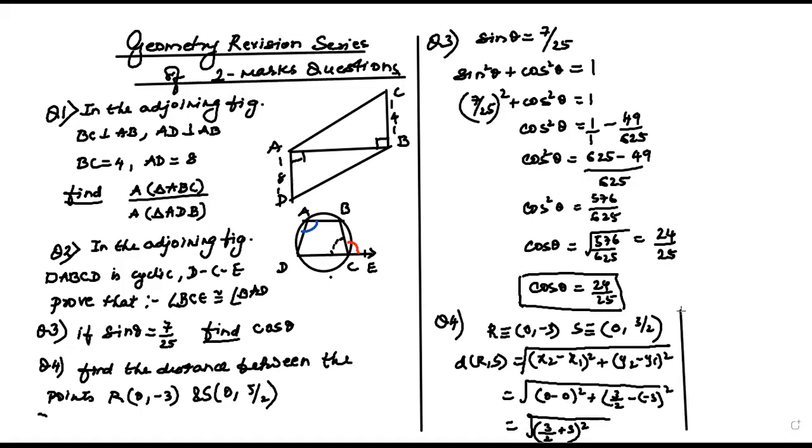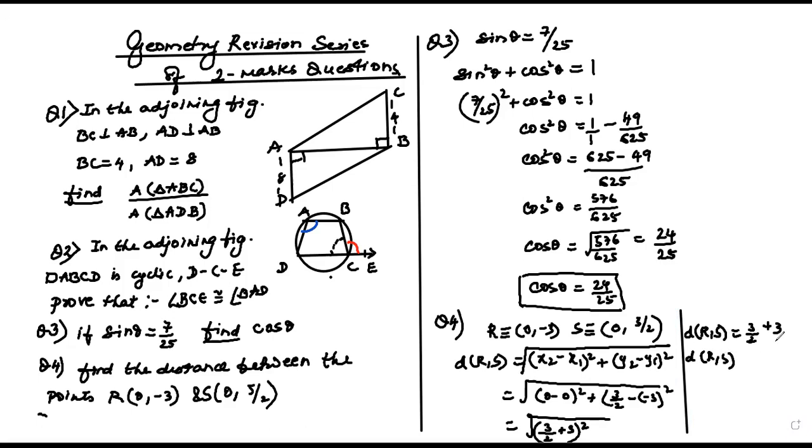Distance between R and S equals, how much do you get? You can see it here. This is 3 upon 2 plus 3. Square root gone. Distance between R and S.